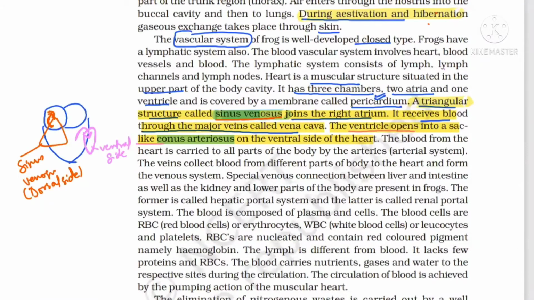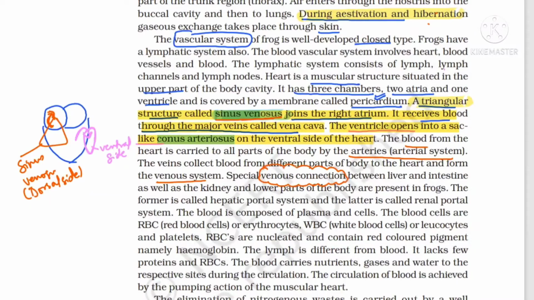Remaining is the same. The blood flowing in the artery, you call the arterial system, and the blood flowing in the vein is known as the venous system. The two systems are there, arterial system and venous system. The arterial system will carry blood away from the heart, and the venous system will bring blood towards the heart. That you know very well. Now, special venous connections are there.